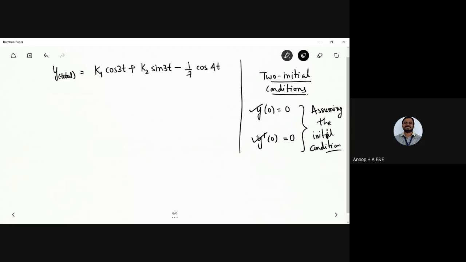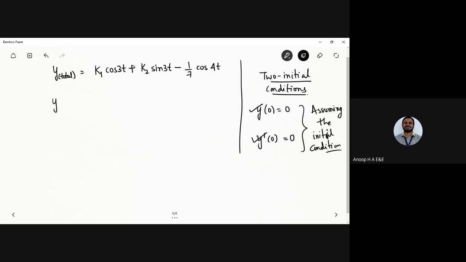So keeping those two initial conditions in mind, I can find the unknown constants k1 and k2. So how do I proceed? I know the initial conditions. Where do I need to put them? In the y total equation, yes, exactly.